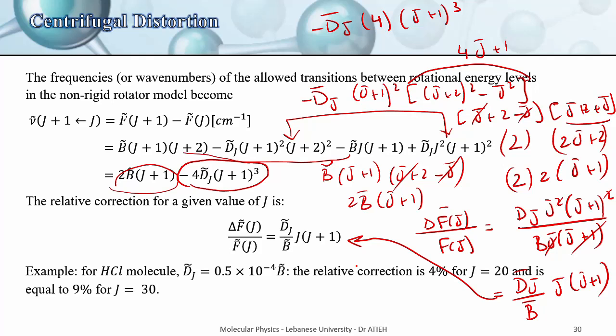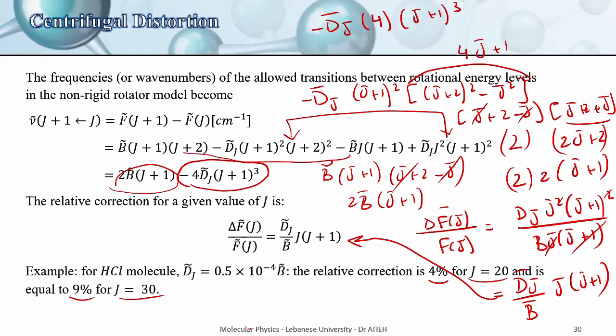This ratio shows that this correction is very, very small. It's never high unless we reach high values of J, very high rotational levels. For example, for the HCl molecule, this ratio is only 4% even if J is 20. 20 is considered a high rotational level. And it's 9% for J equals 30.